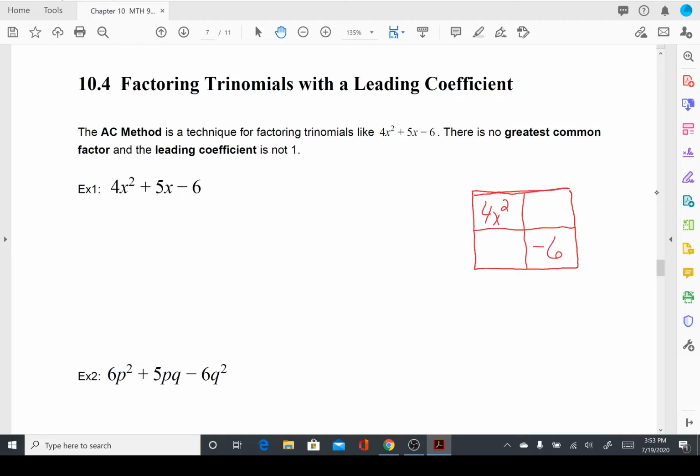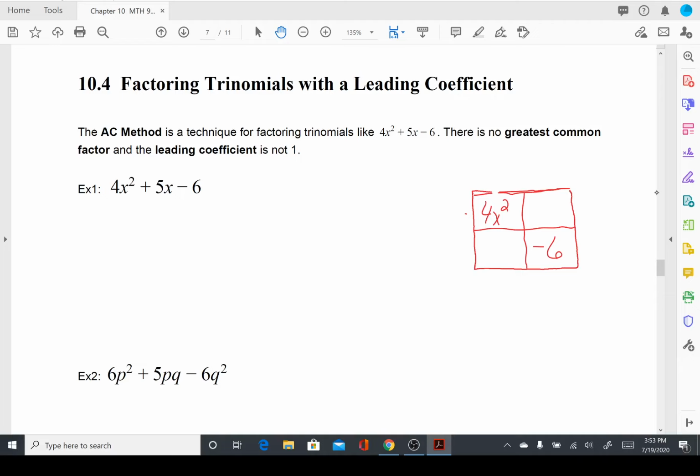And so it might take us a while to get the right combination of other factors in here, especially because we could have like a 2x here and a 2x here, or we could say it was 1 and 4, and so we've got all the factors of 4 that we've got to work with in that top corner, and then we also have the factors of 6 to work with, and then we have to add. There's just a lot of combinations that are possible.